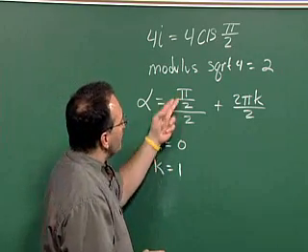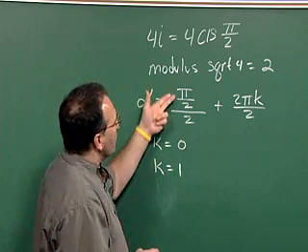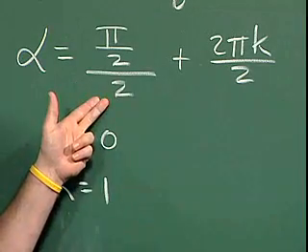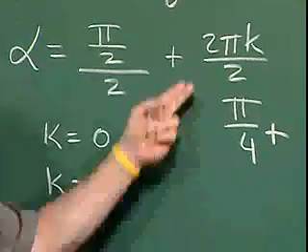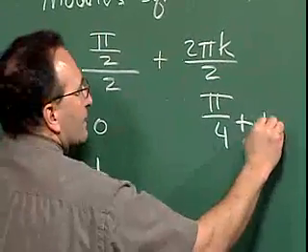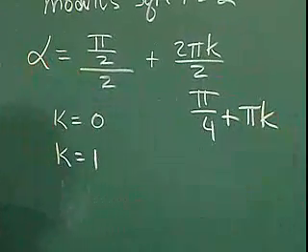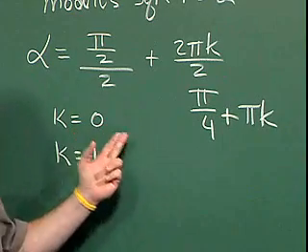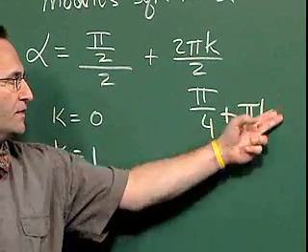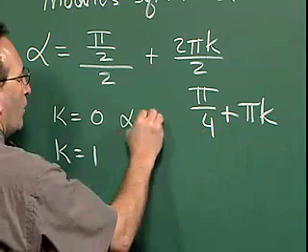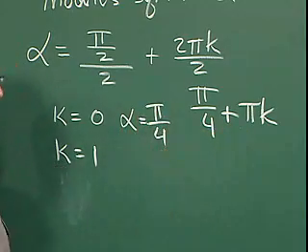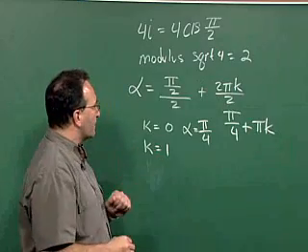So let's simplify this a little bit. Pi over 2 divided by 2 would give us pi over 4. Plus, simplifying this, we get pi k. And so now when we plug 0 in for k, this becomes 0, and we're left with pi over 4 for alpha. What about for k equals 1?